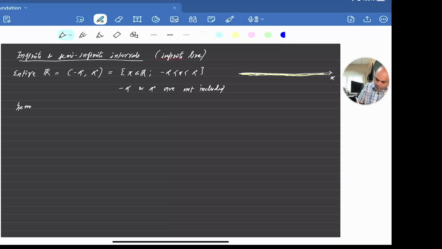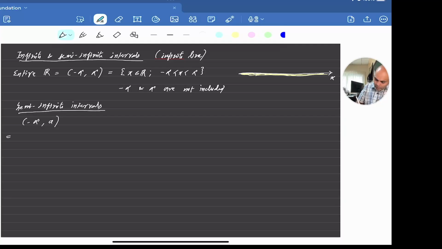Semi-infinite intervals. So we have 4 cases. We can include all points between minus infinity and a, where a is a real number and we are writing it as an open interval.